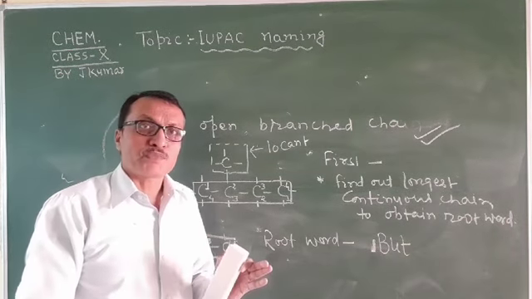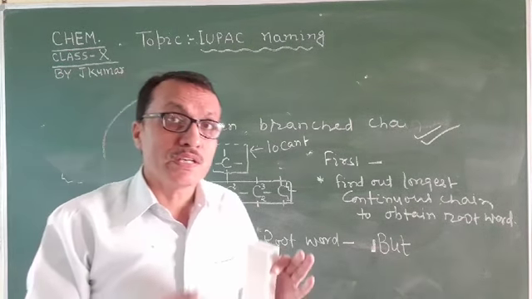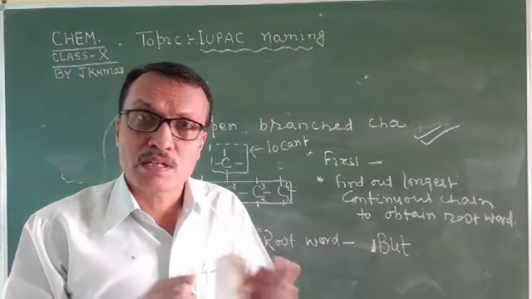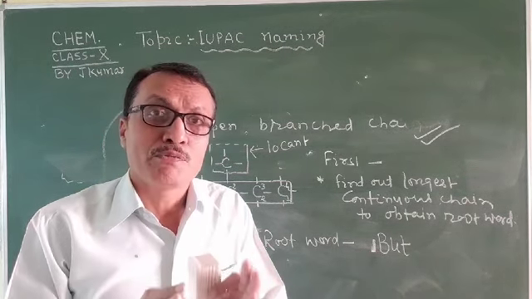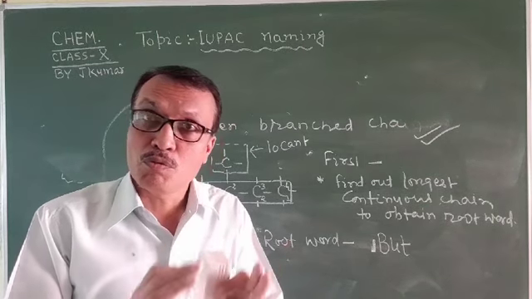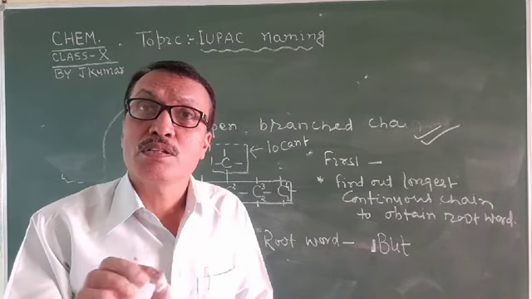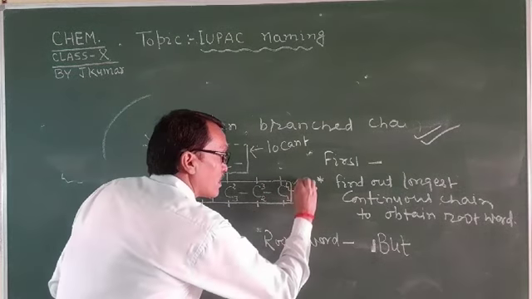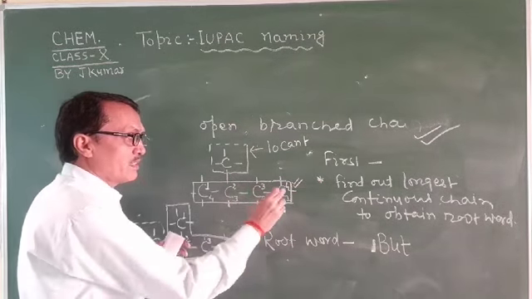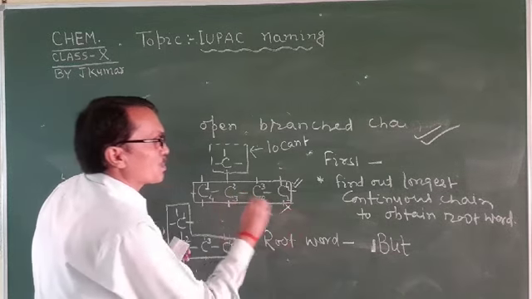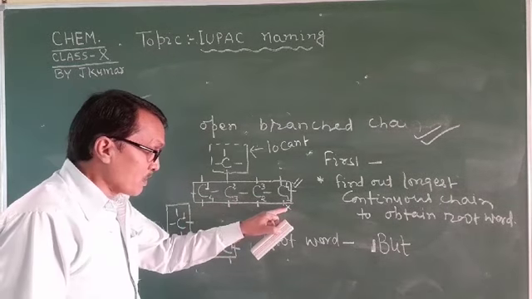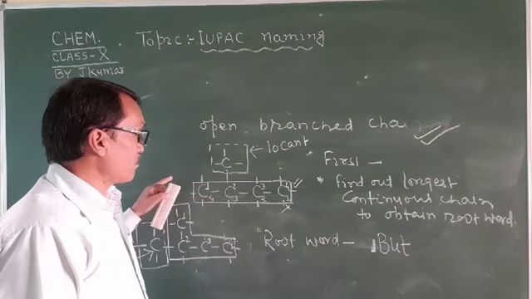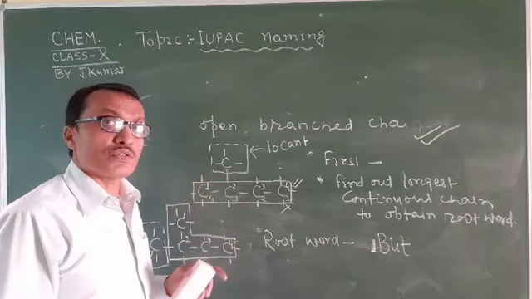So students, as per IUPAC rule, the chain should be counted from that side from where the locant gets the lowest position. So this is our correct counting of the chain, and this is not correct, because if you count from this side, locant is on third carbon, and from this side locant is on second carbon.